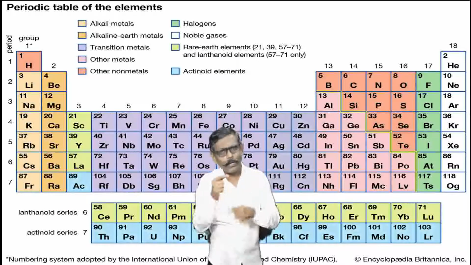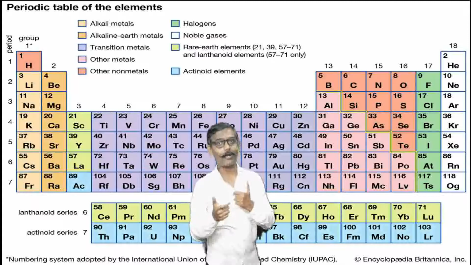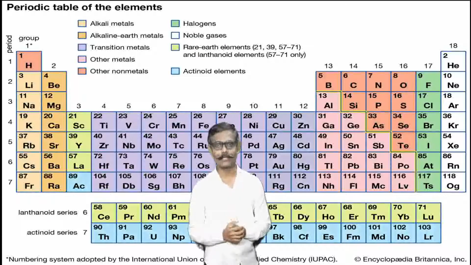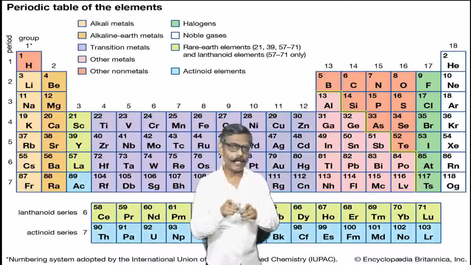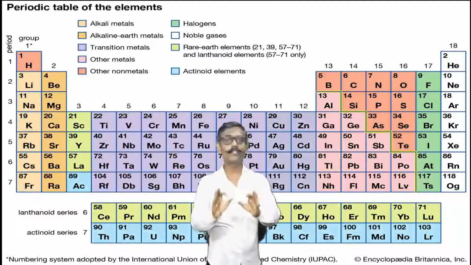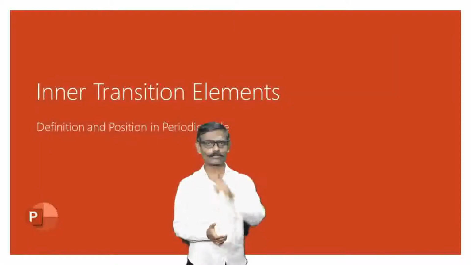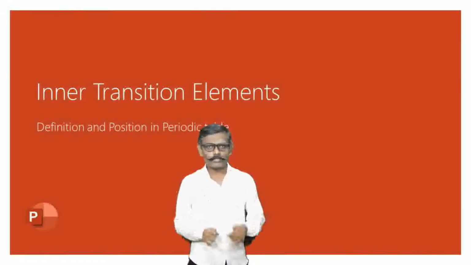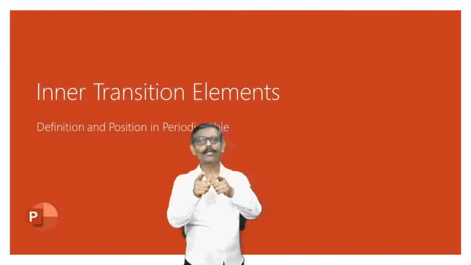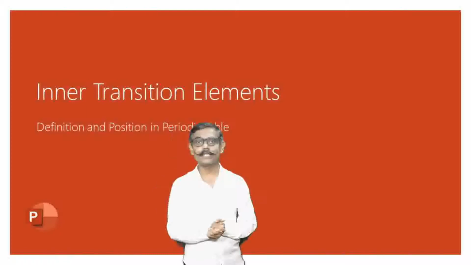Now one more portion is there. One more part of the elements is there, and that part is none other than inner transition series elements. And students, the objective of this course is to make the concept clear about inner transition series elements.